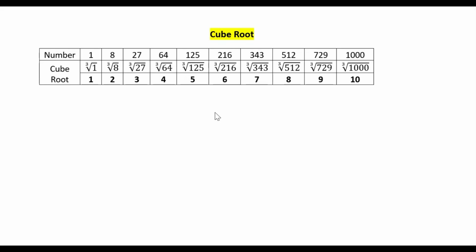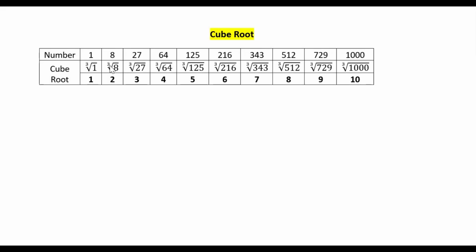So now what is a cube root? The cube root is a number which is the cube root of the perfect cube number. So if 1 is multiplied 3 times, we get 1. If 2 is multiplied 3 times, we get 8, right? The way we write cube root is very similar to the square root sign.